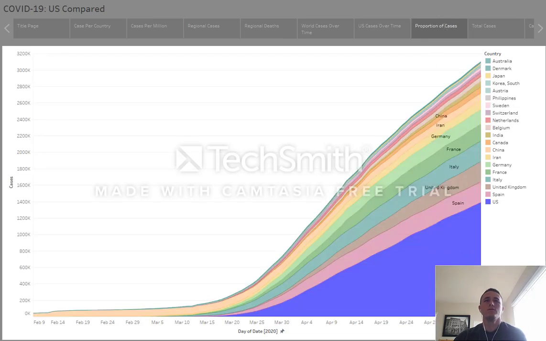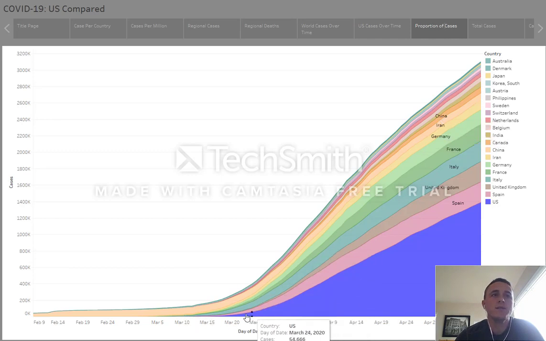All right, so on this chart we compare the proportion of cases coming from each country over time. So at the beginning, China made up the vast majority of cases, going around 80,000 or so. And since then, we can also see their case numbers haven't really grown over the last 2 months.